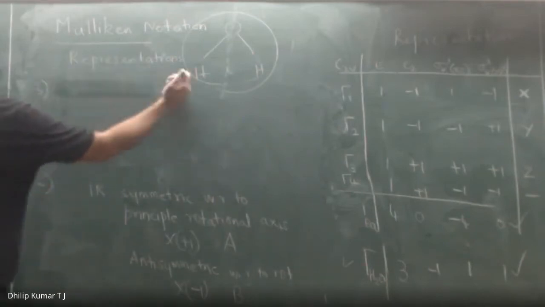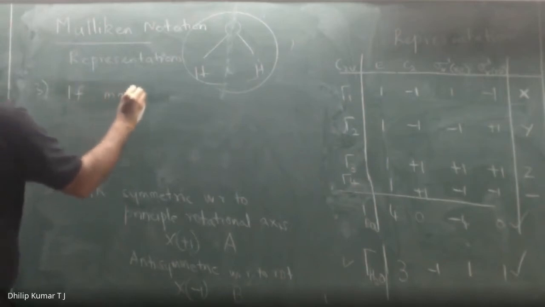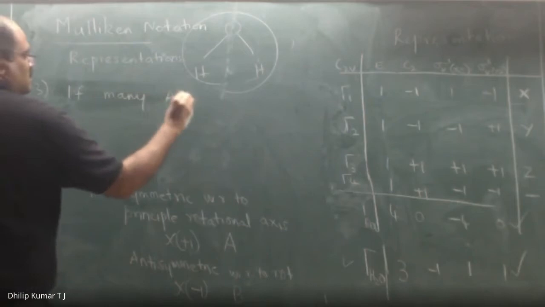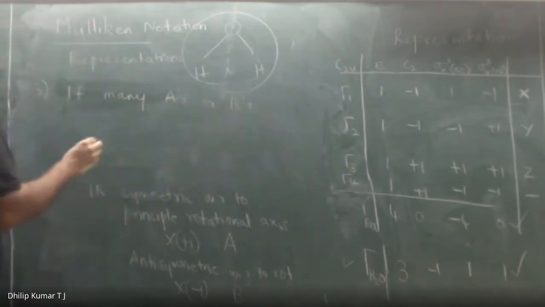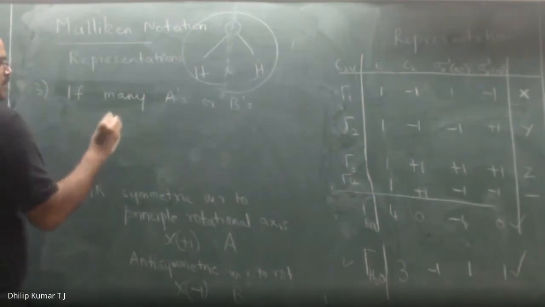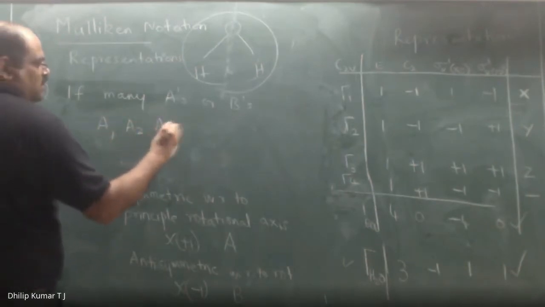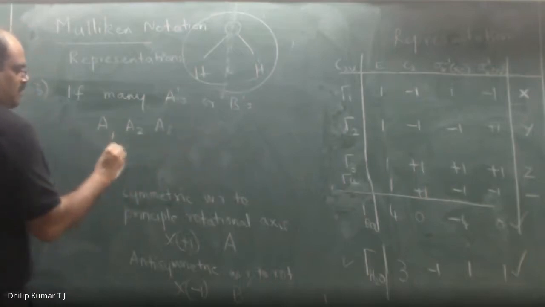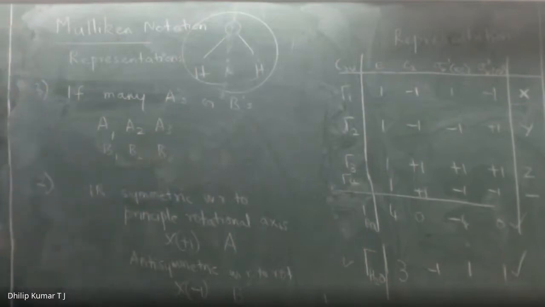If many A's or B's are present, then you use a term called A1, A2, A3, and so on, or B1, B2, B3, and so on. Okay, so this is the third one. If there are many A's.